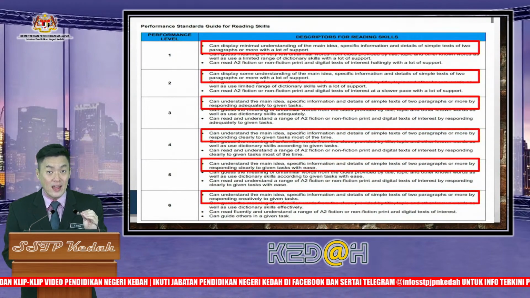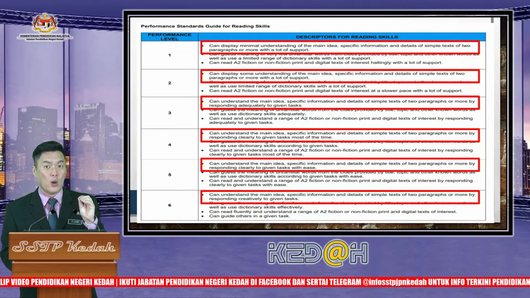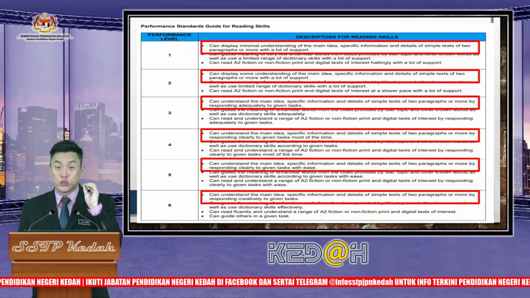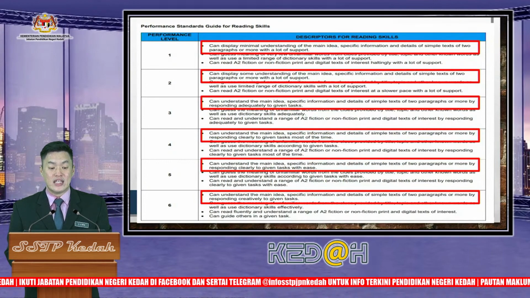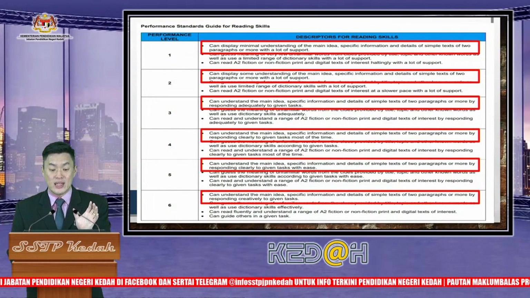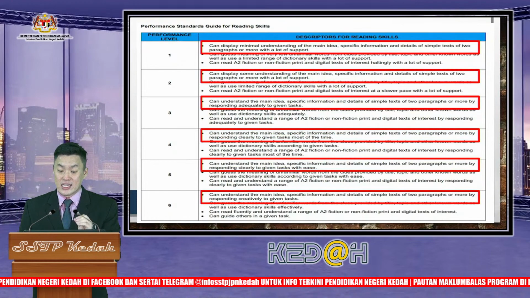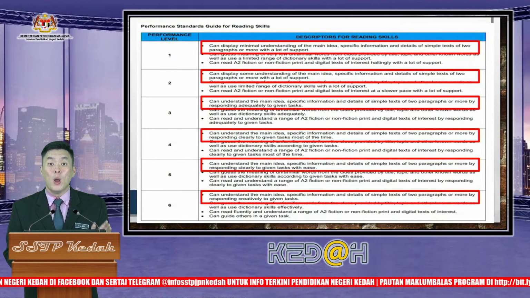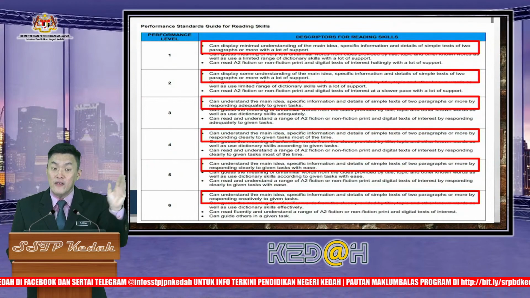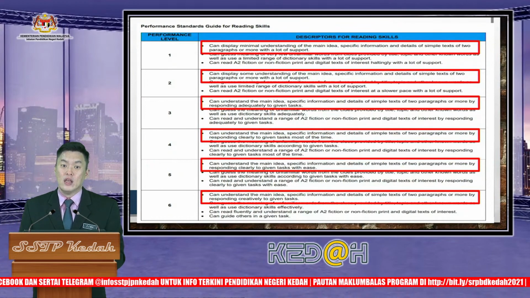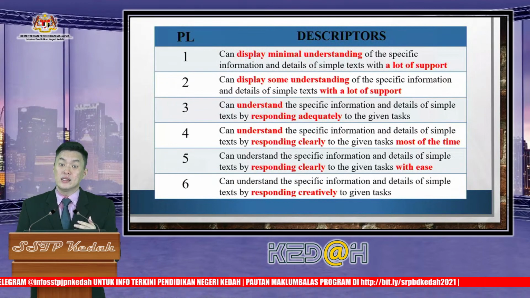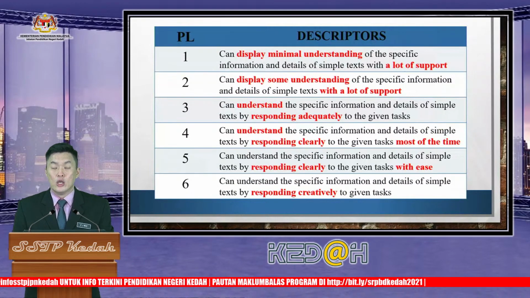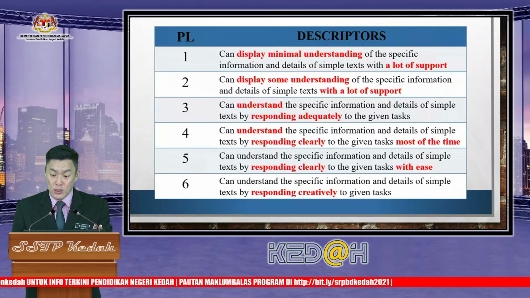And from there, I have to select the descriptor which suits my learning standard. So here it should be this. The first one can display minimal understanding of the main idea, specific information and details of simple text or 2 paragraphs or more with a lot of support. Now this is if the pupil is at performance level 1. So I take them out and these are the descriptors for my learning standard. When I want to assess them, I refer to this.